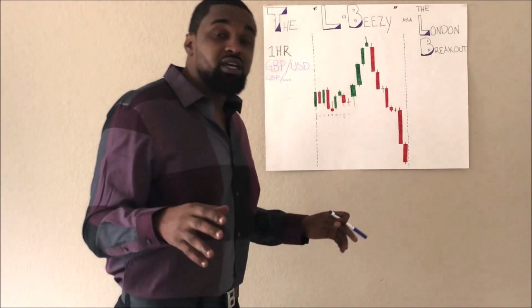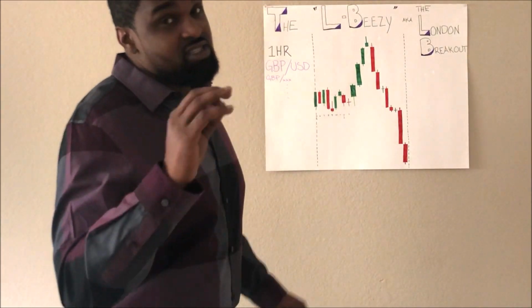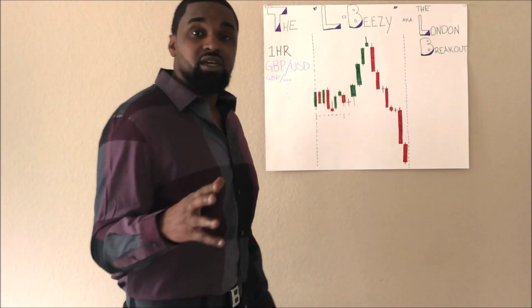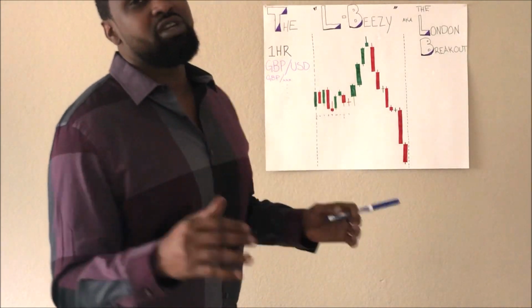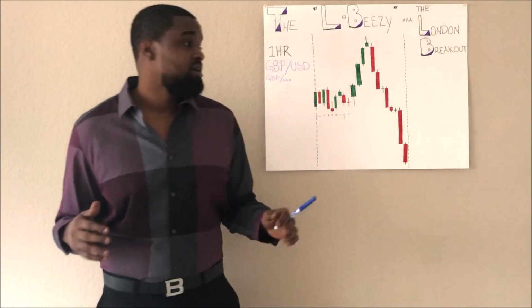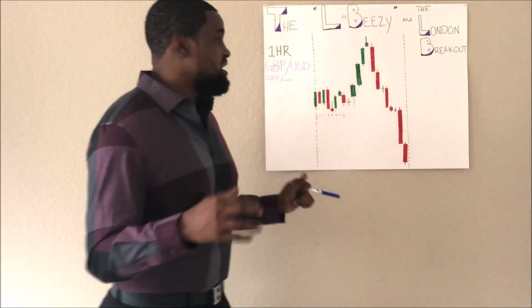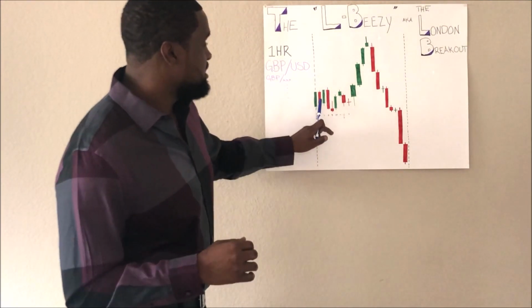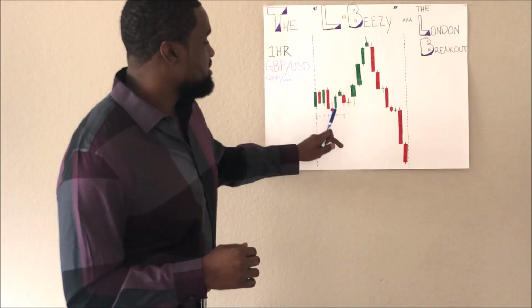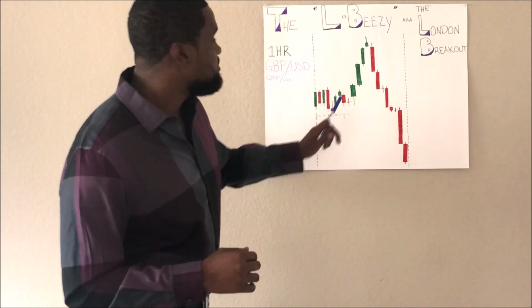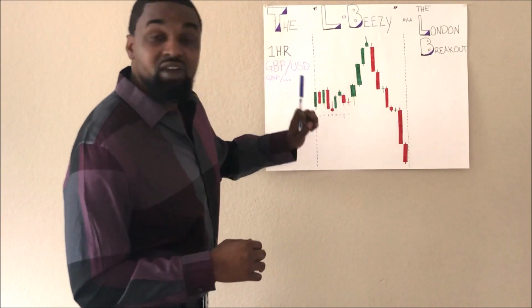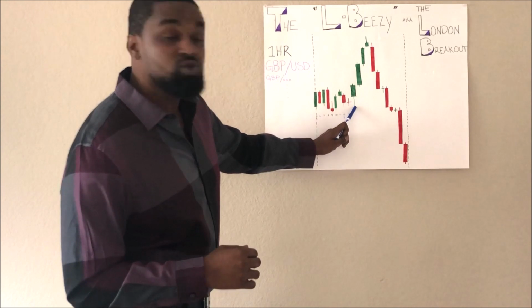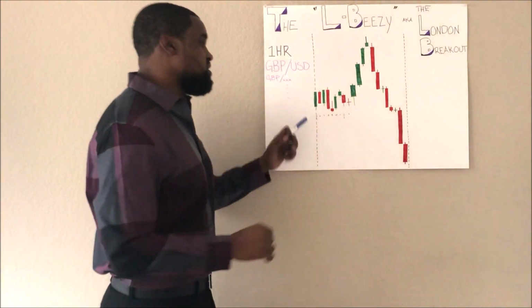So what we're doing is you're waiting until the London market opens, okay? So the London market opens at 3 a.m. Eastern Standard Time. So let's go back real quick.